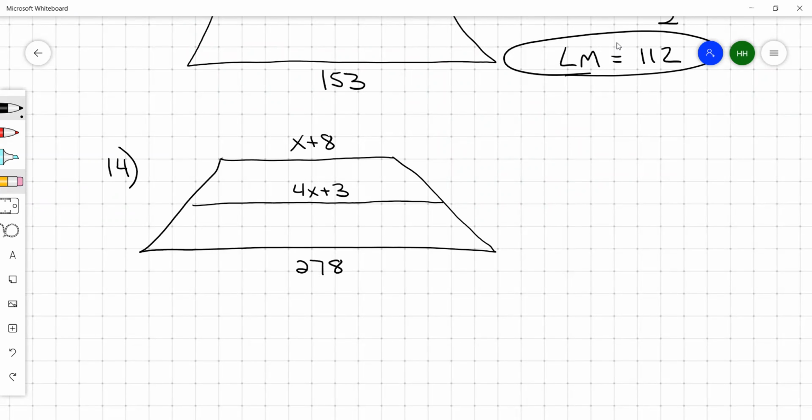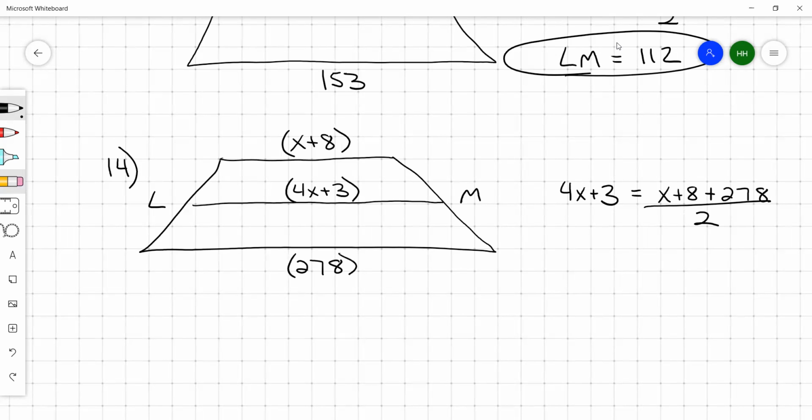What is the value of x? So this mid-segment LM, 4x plus 3, is equal to x plus 8 plus 278 divided by 2. Everybody understand that? The mid-segment is equal to the top base plus the bottom base divided by 2.